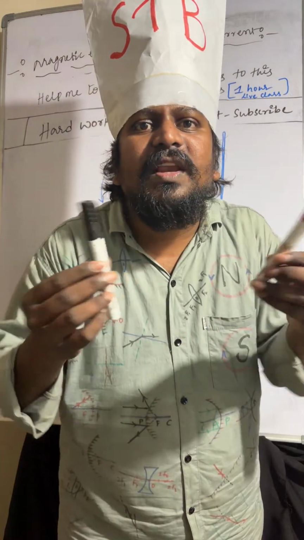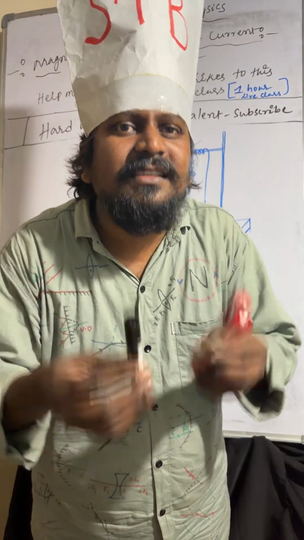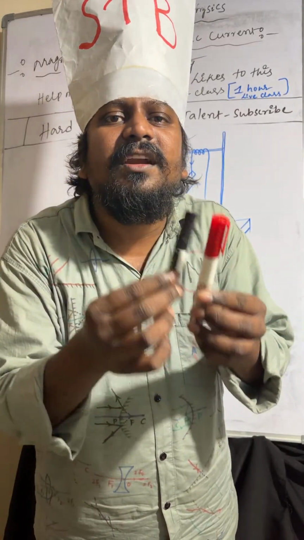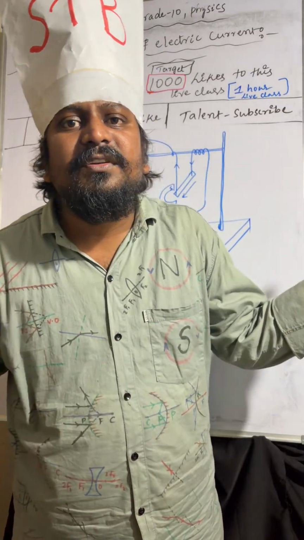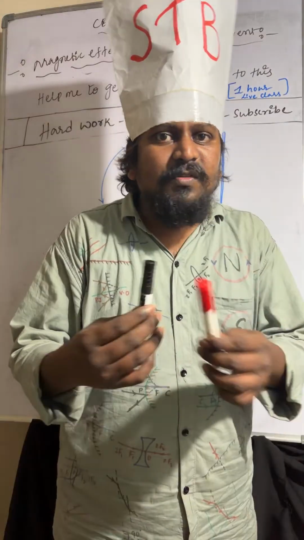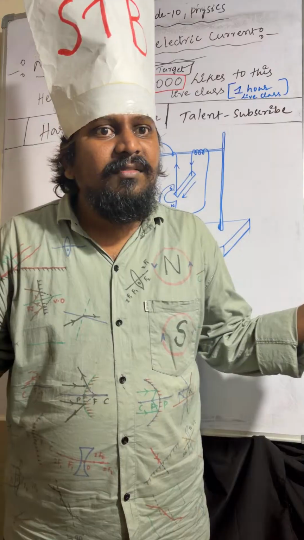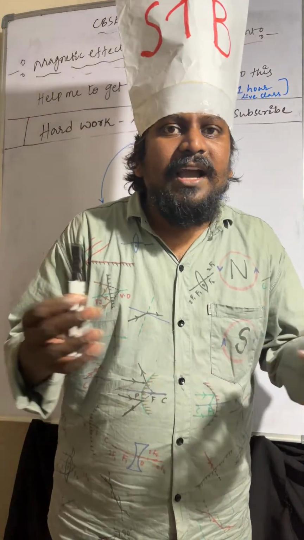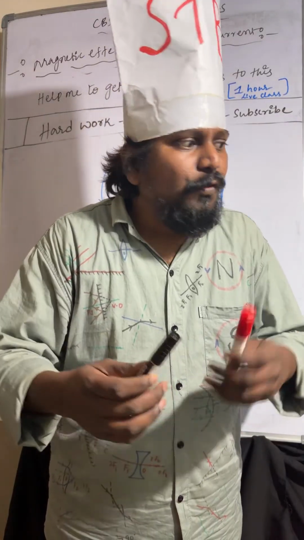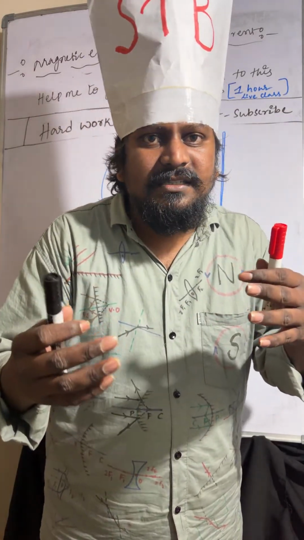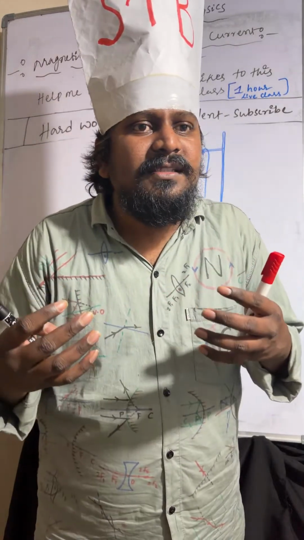If there is no insulation on the wires, the direct contact of live and neutral takes place, then a heavy amount of current will be drawn from the mains. Then fire will occur in the building.